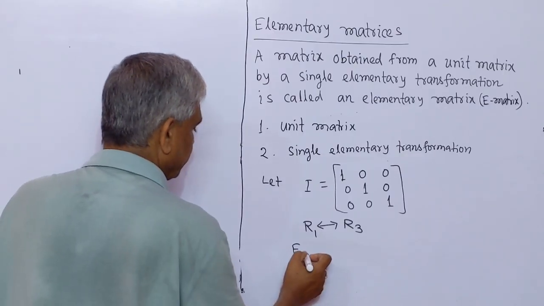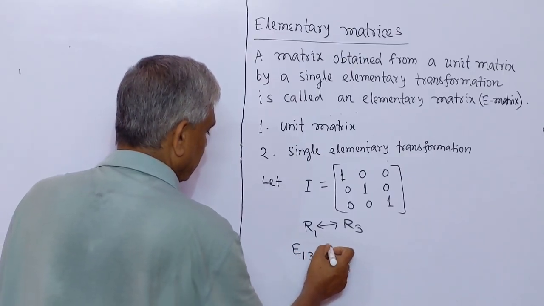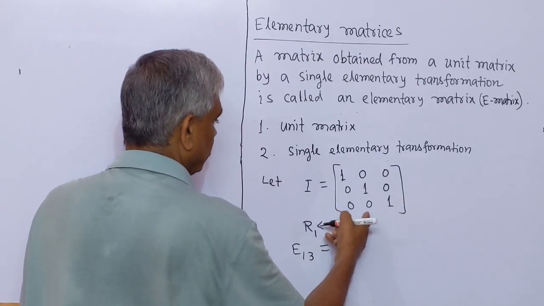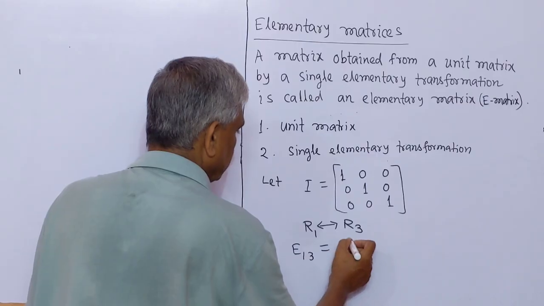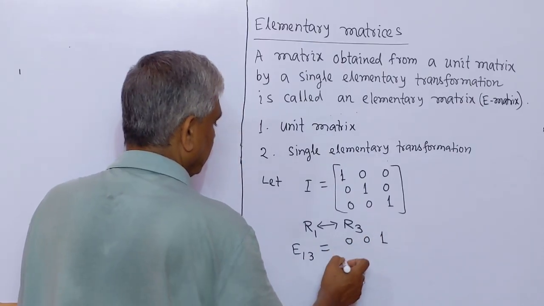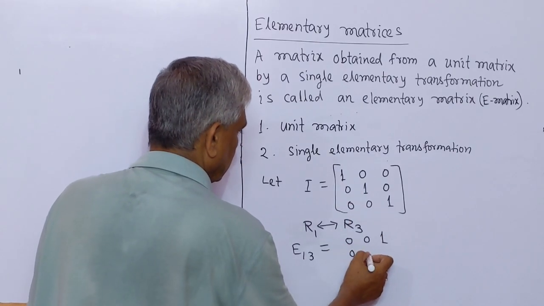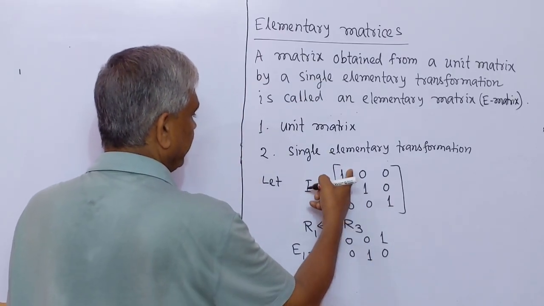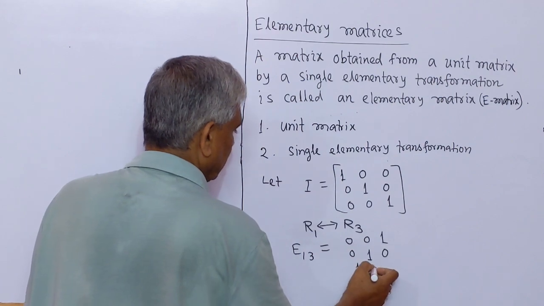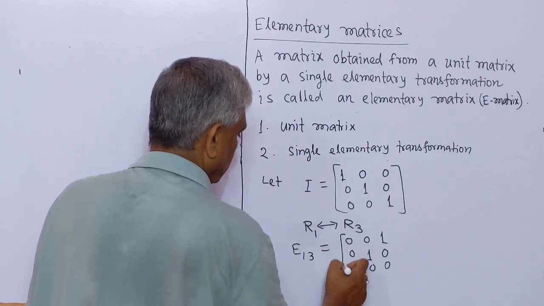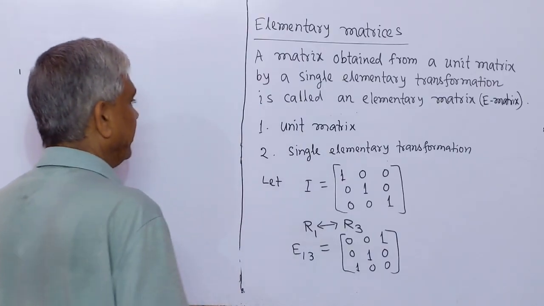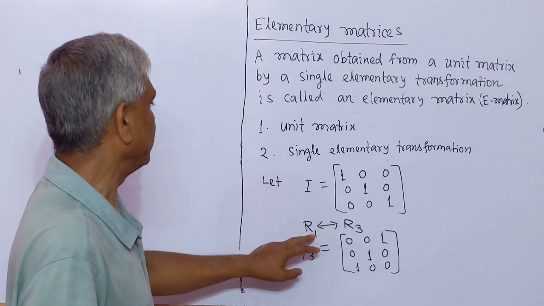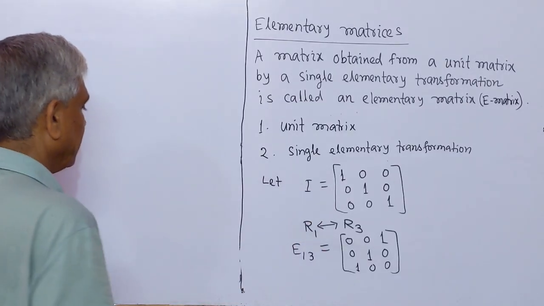Let the name of this matrix be E13, equal to: we write the elements of the third row in the position of the first row, 0 0 1. The second row remains the same, 0 1 0. And in the position of the third row we write the elements of the first row, 1 0 0. This is an elementary matrix, meaning a single elementary transformation on the unit matrix.